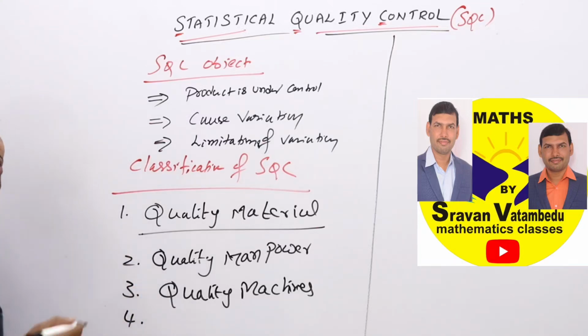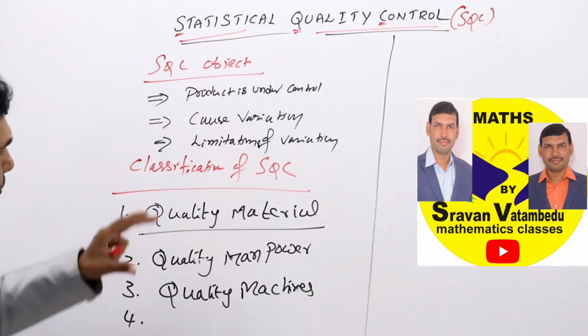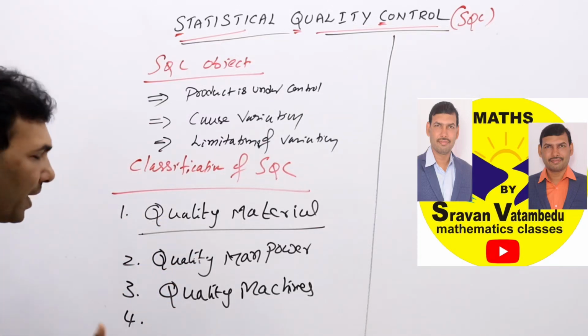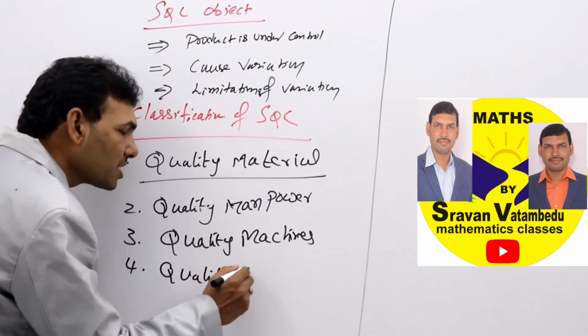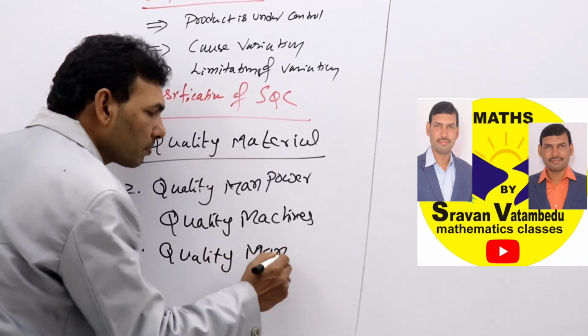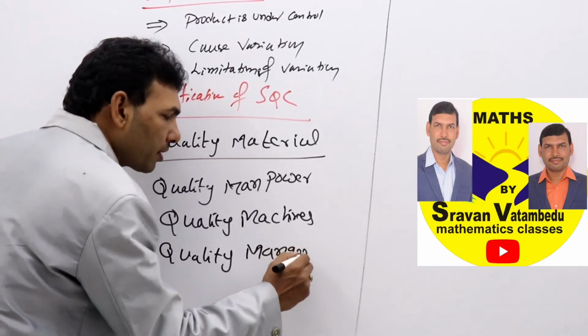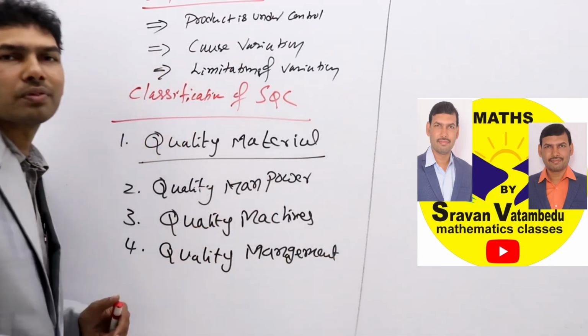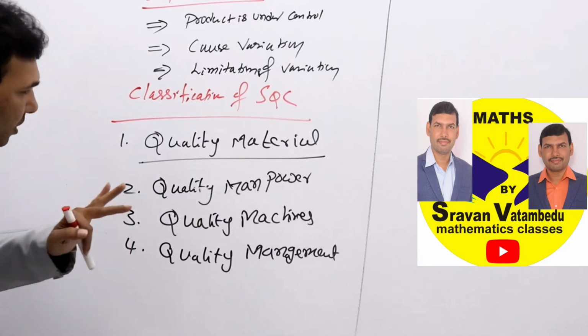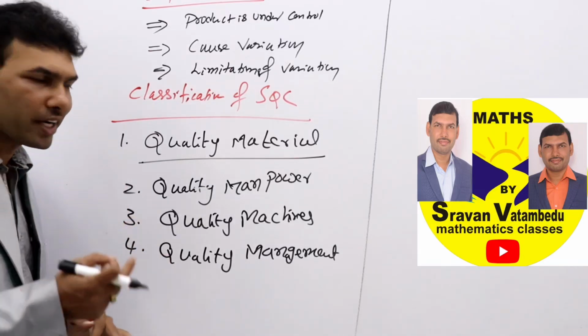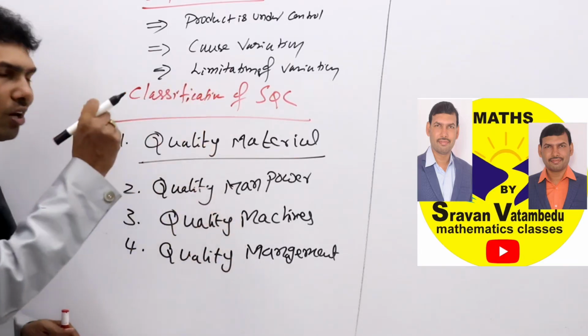Coming to the fourth one, to provide all these, we need quality management, uncompromising management. This is the most important. These 4 are important. Last but not least, the most important one: who provides all these?